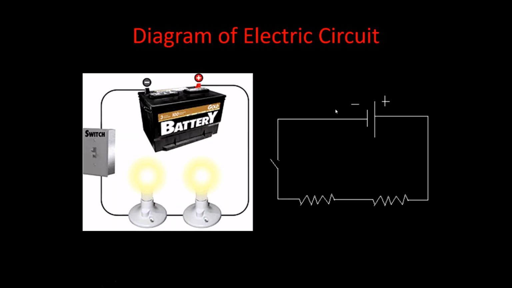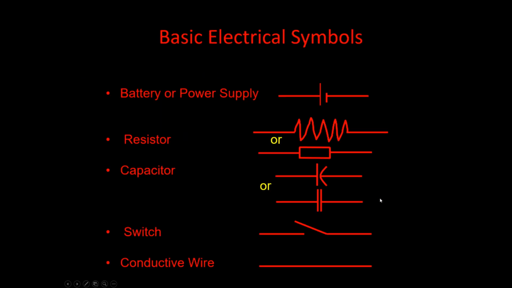So there's a diagram of a circuit, 2 resistances, essentially bulbs. This is a break here, this is a switch, and here's the battery hooked up to the whole system. And there's some of the typical electrical symbols that you might see. Here's a battery. This is a resistor. Sometimes you might see a resistor still drawn like this.